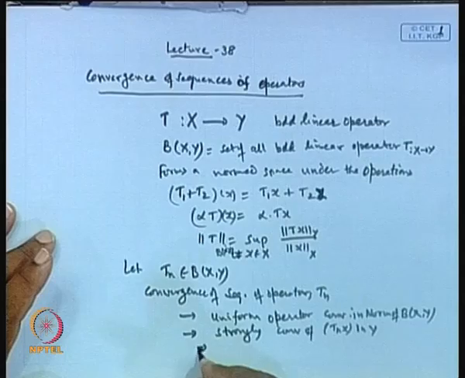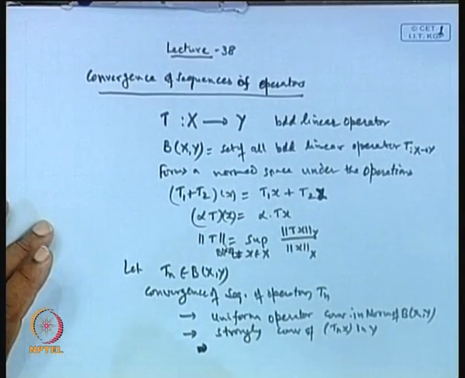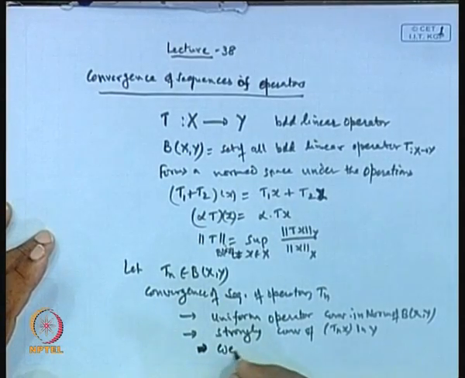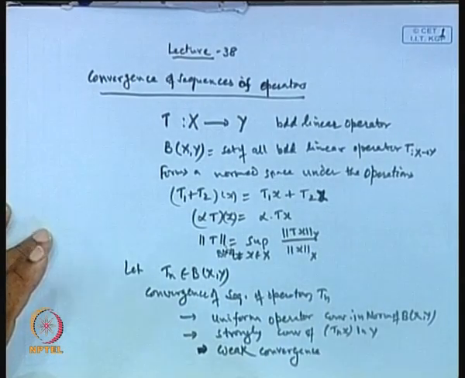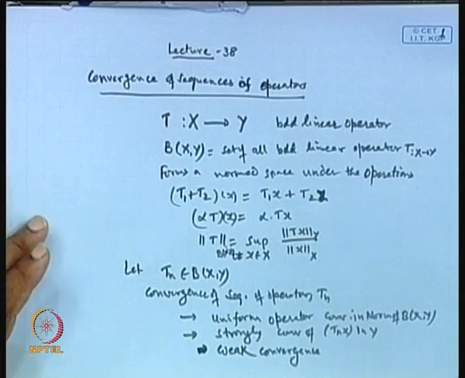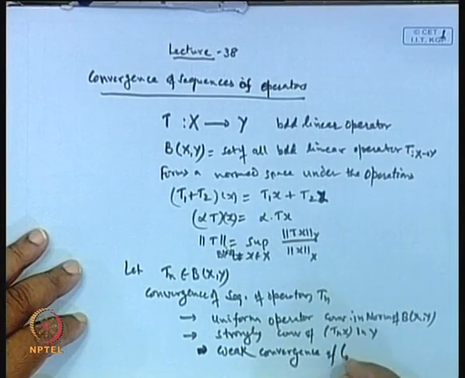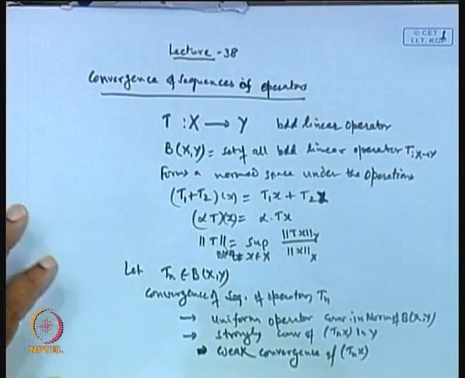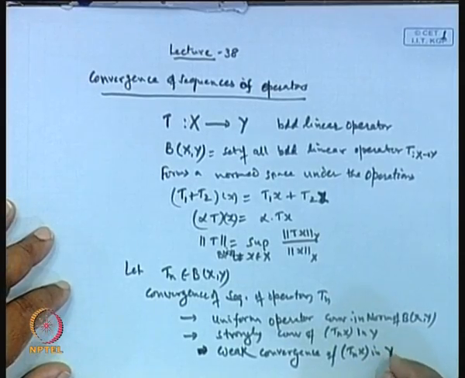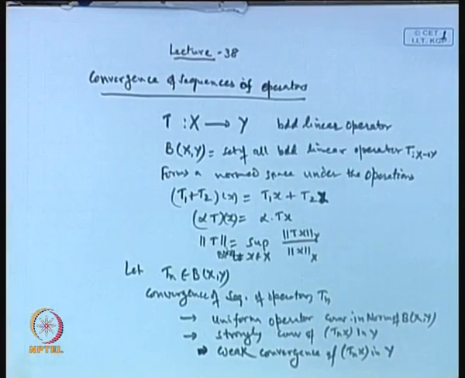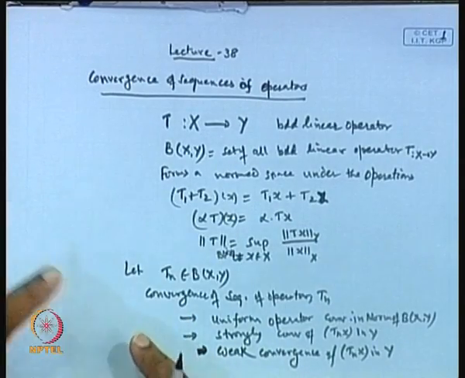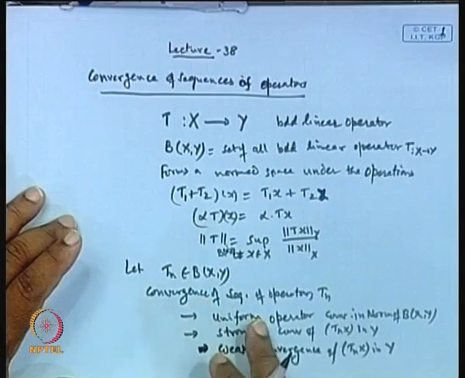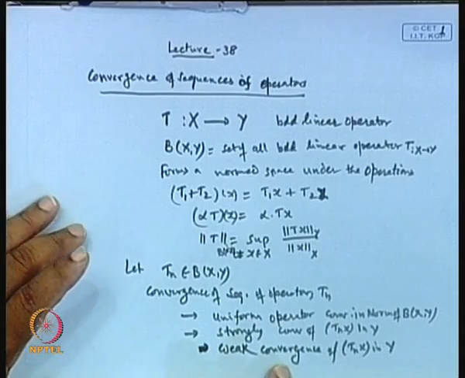and third is the weak convergence of T n x in Y. So, we have three choices for the convergence of the sequence: uniform convergence, strong convergence, and weak convergence.